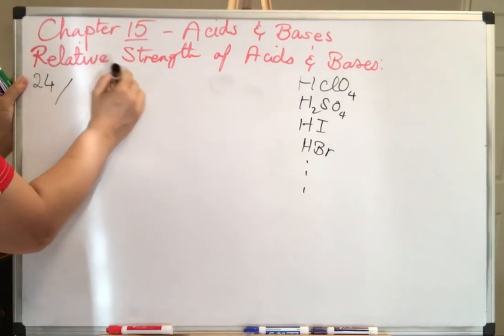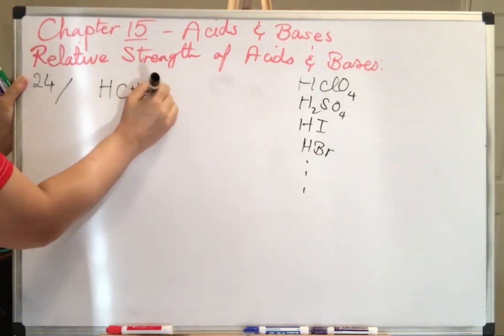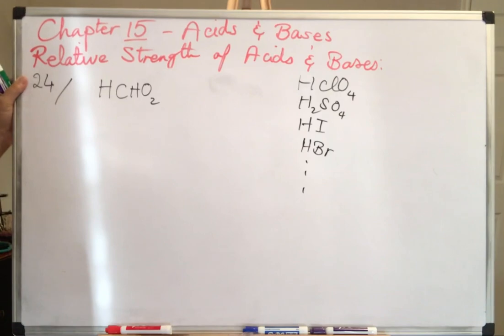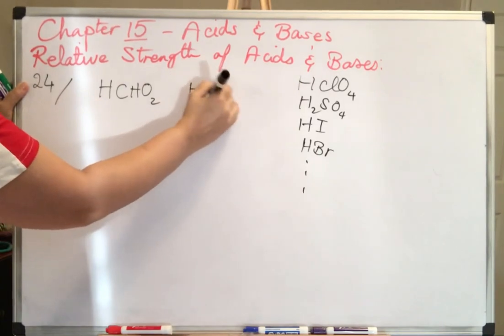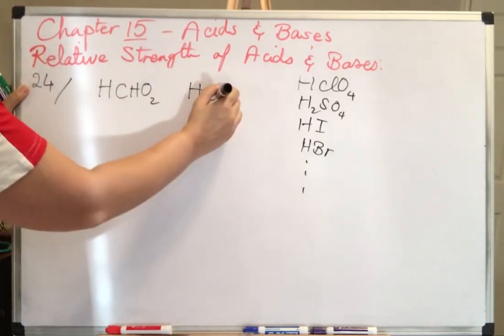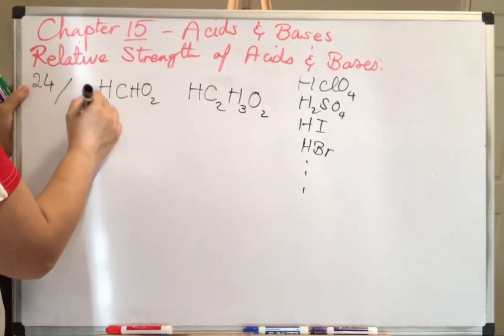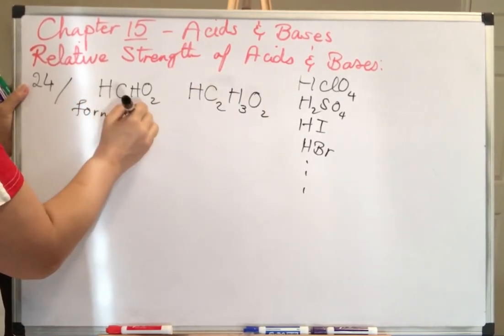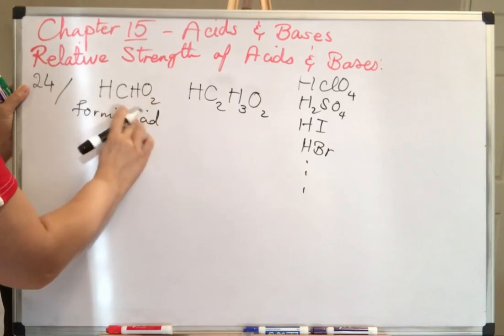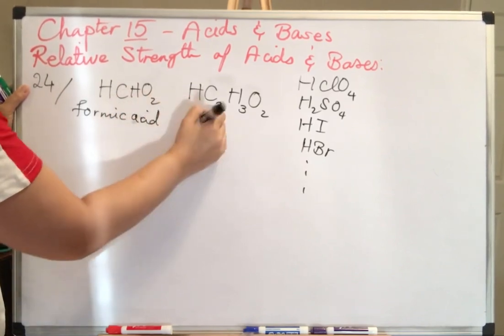Formic acid is an organic acid. This formula is a strong acid, stronger than acetic acid. Acetic acid is the acid in the vinegar. So this is formic, and this is acetic.